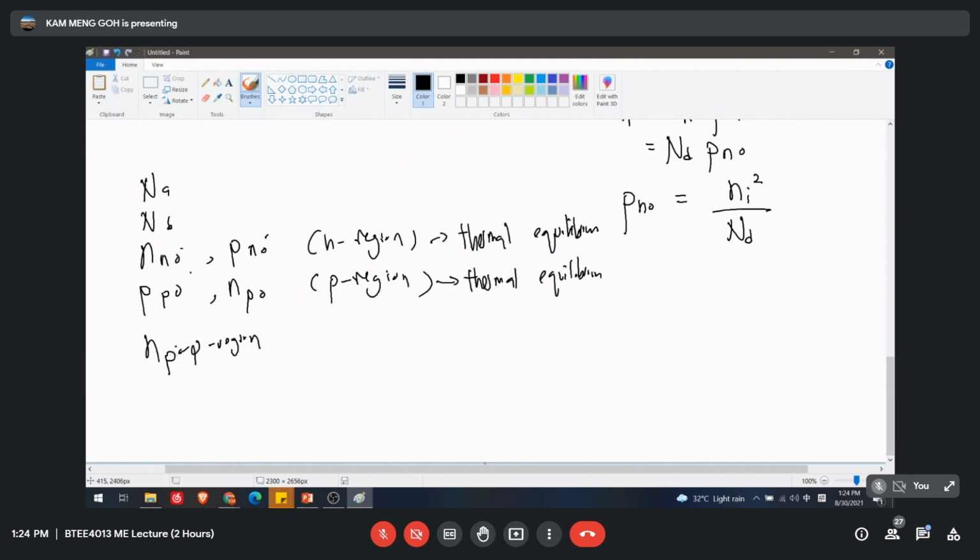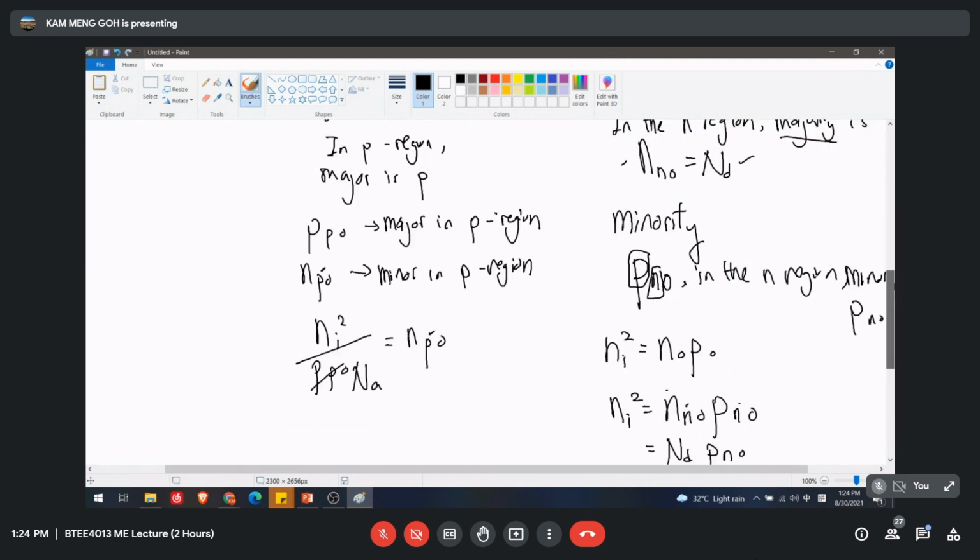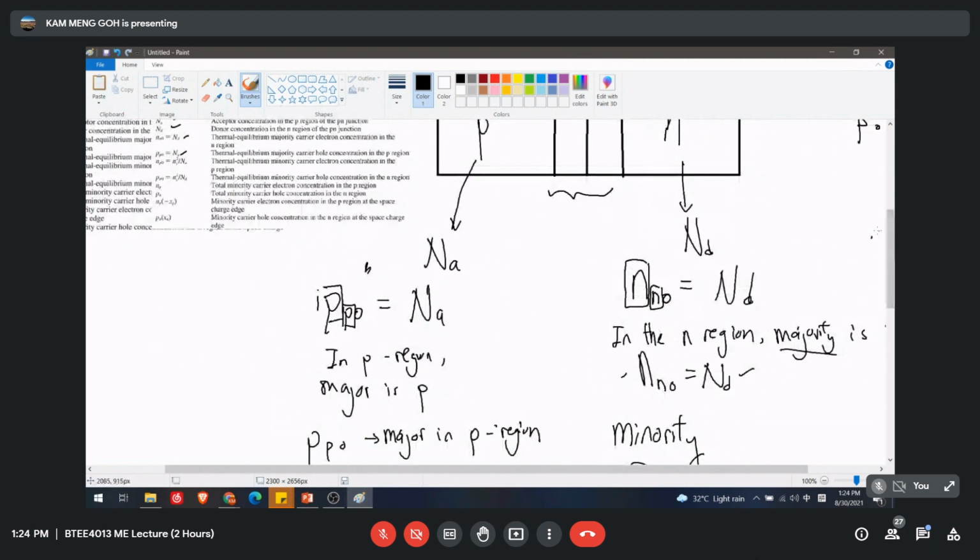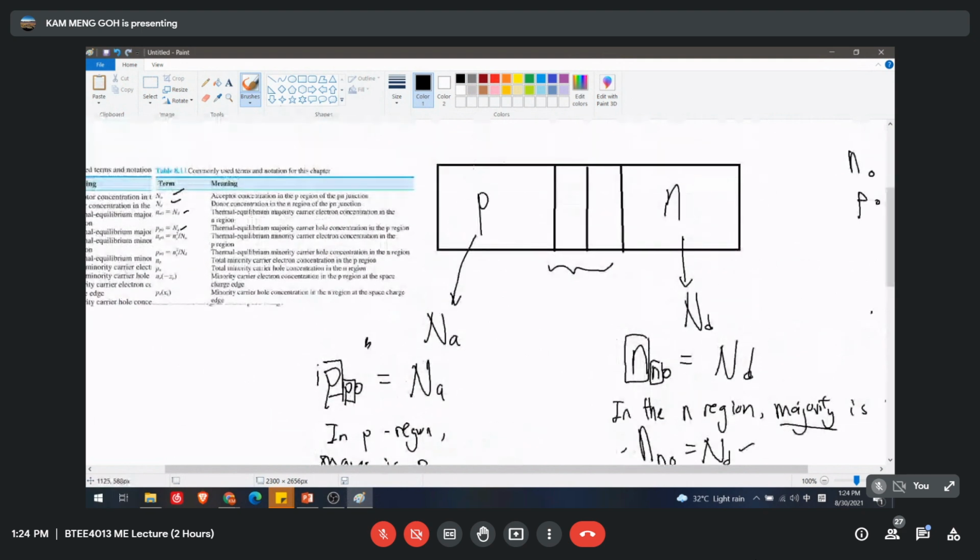But when you see it without the O here, it is trying to calculate the total of the minority in this region. Total of the minority means that in this space charge region, even though we know it is all negative charge, there might be some positive charge inside here also. So you want to know the minority from here to here.